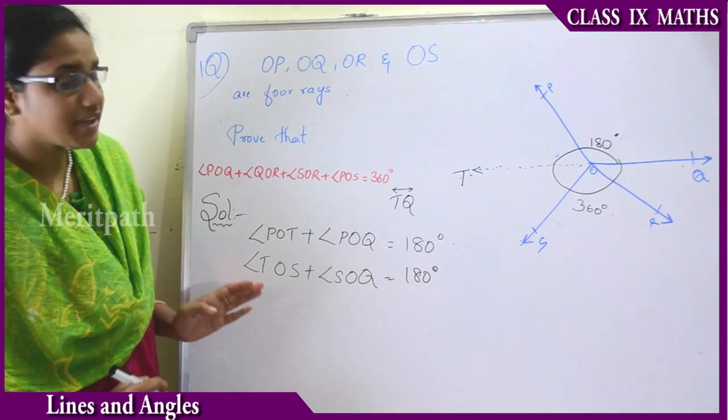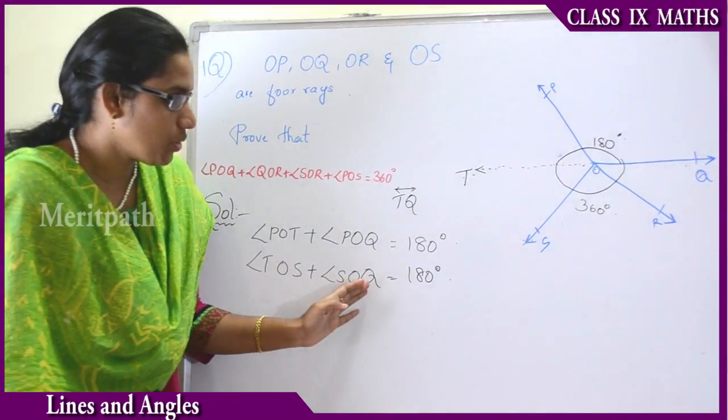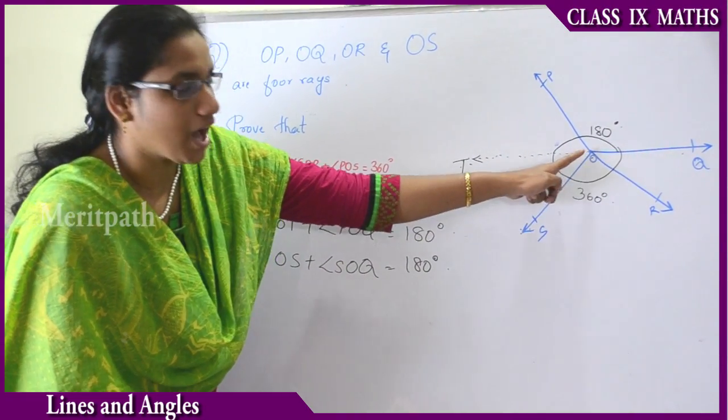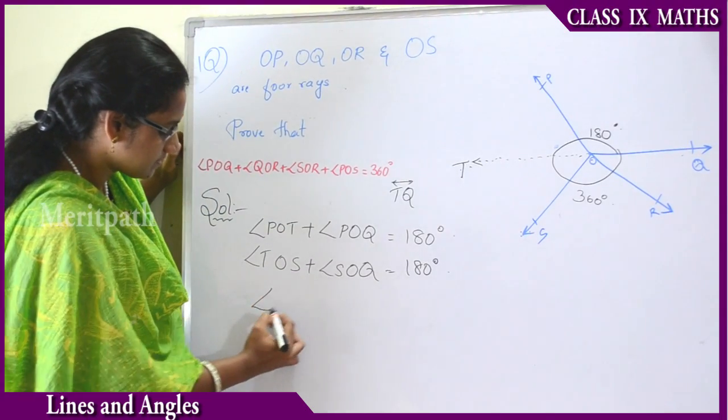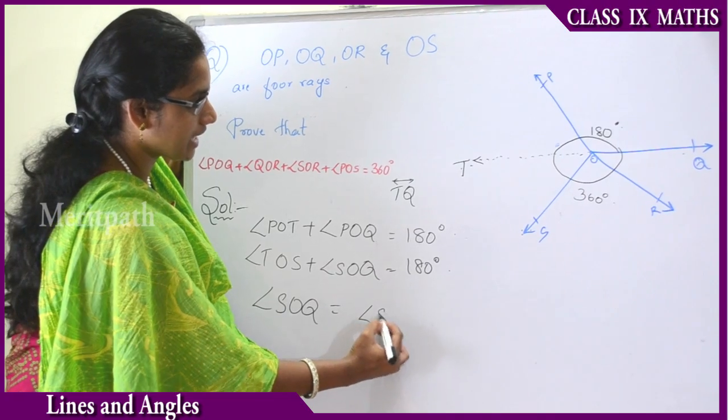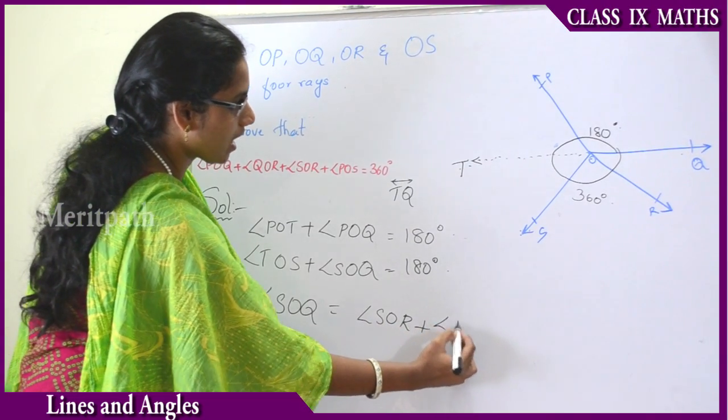Here we can represent angle SOQ as angle SOR plus angle ROQ. Angle SOQ equals angle SOR plus angle ROQ.